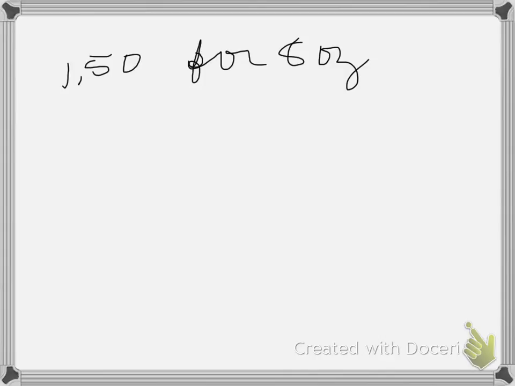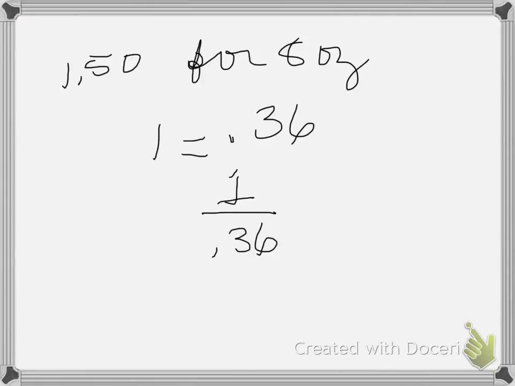Now for B, it's in grams. But in the problem it says 1 gram equals 0.36 ounces. So you can set up a proportion: 1 over 0.36, that's a 1, not a J, equals 50 grams over x.